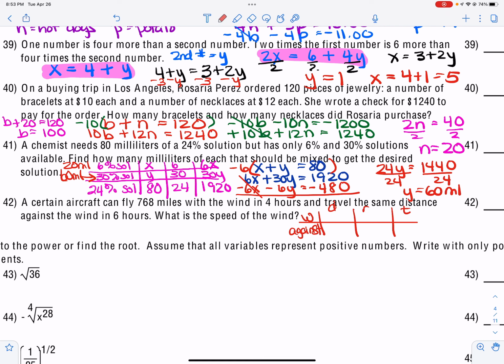So the distance traveled with the wind is 768 miles. The distance traveled against the wind is the same.